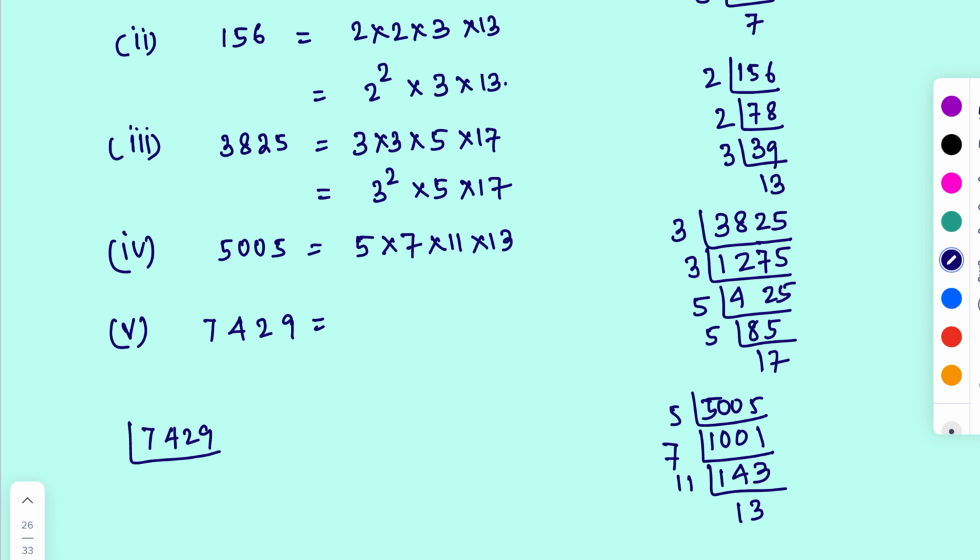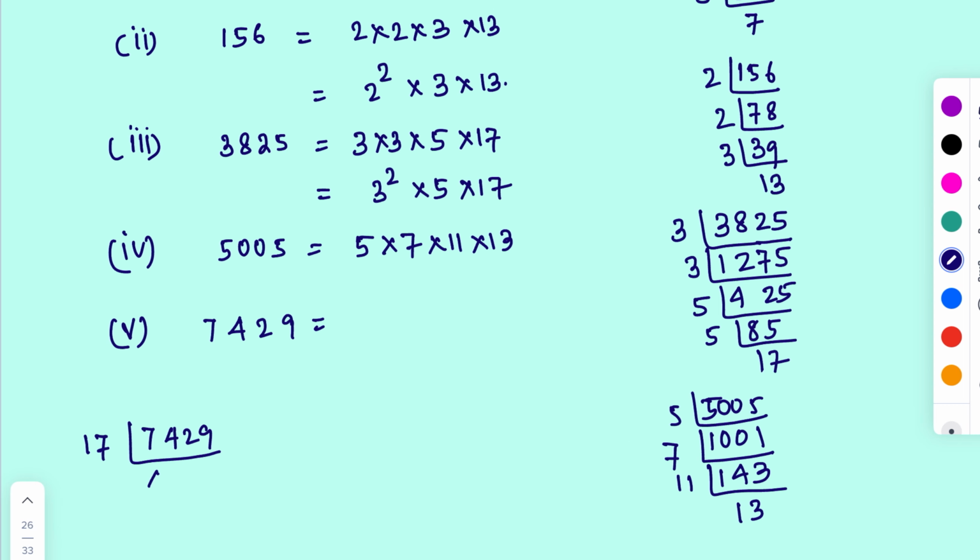So in this way, if you check, the first we can divide by is 17. If we divide by 17, we will get 437.